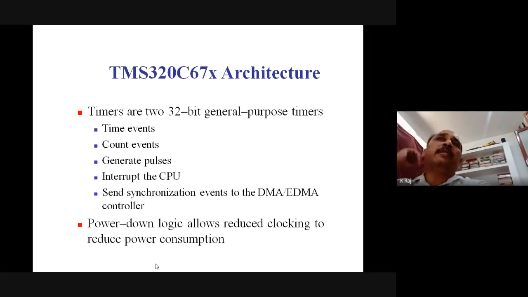And there are two 32-bit general purpose timers, used for timing events, counting events, generating pulses, interrupting the CPU, and sending synchronization events to the DMA as well as the EDMA controller. And power down logic allows reduced clocking to reduce power consumption here. Power down reduces the power consumption by using the reduced clock.